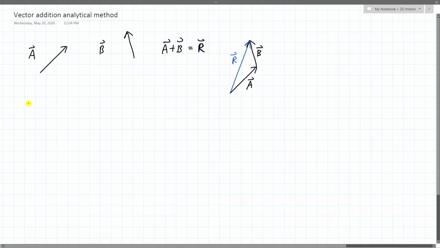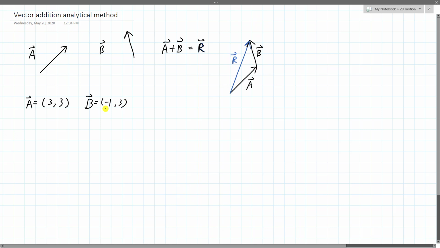So first we want to take it into components. So let's make up some numbers. A looks like something like a 3, 3, x and y. And B is something like a -1 and 3.